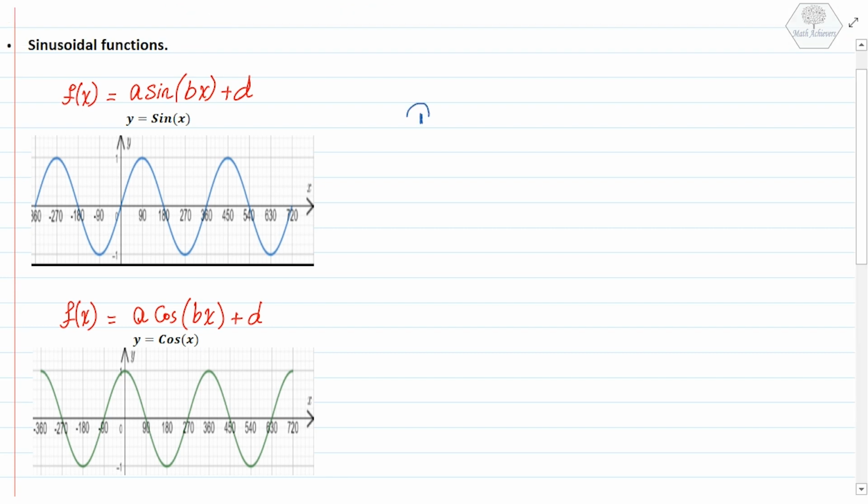The first thing that we have to know is the equation of the principal axis. The equation of the principal axis is simply the axis by which the function is rotating around.